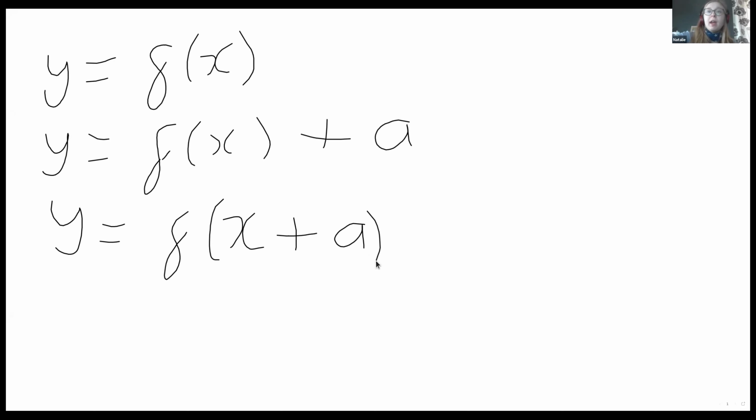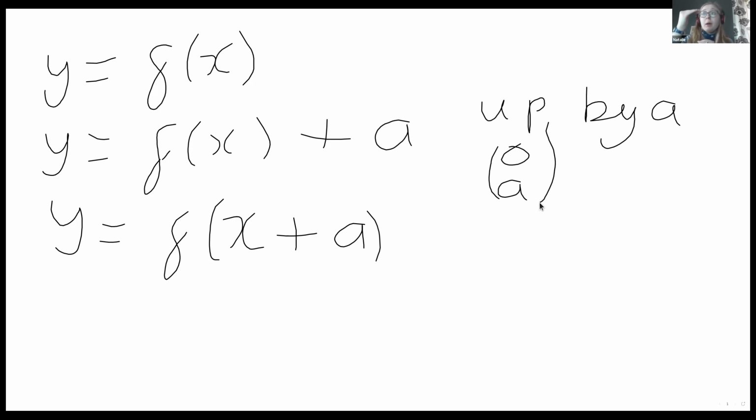Now, the first one, have a guess. y equals f of x plus a. What will that transformation be? Hopefully, you'd have guessed that that moves the graph up by a. Or if I want to write it in vector notation, then I can write that as (0, a). So it moves the graph up by a.